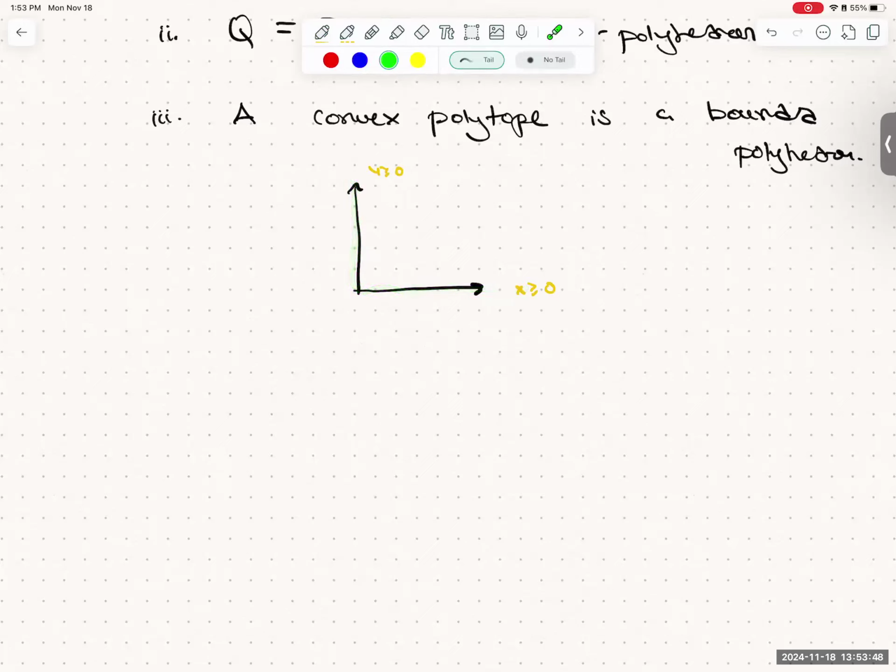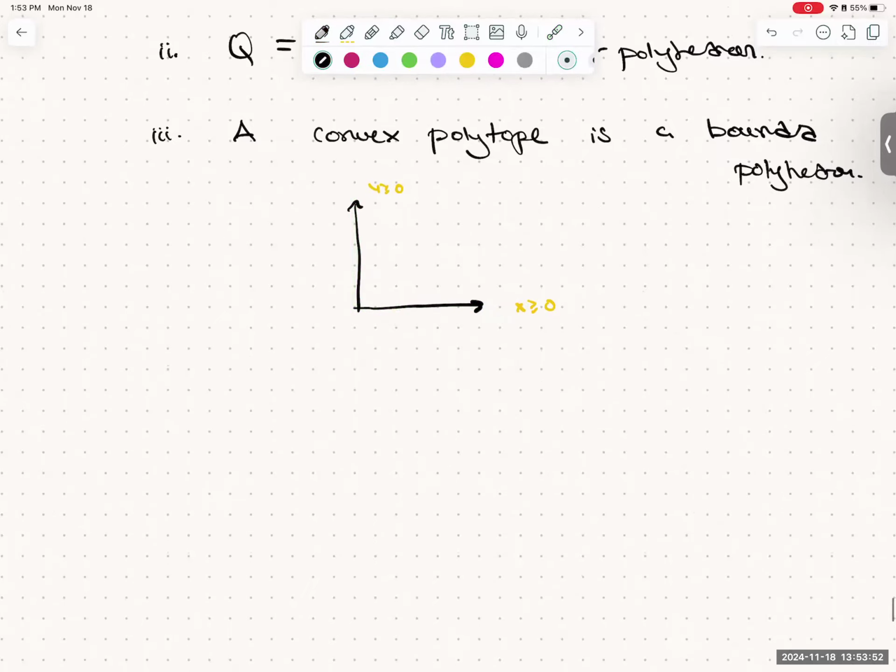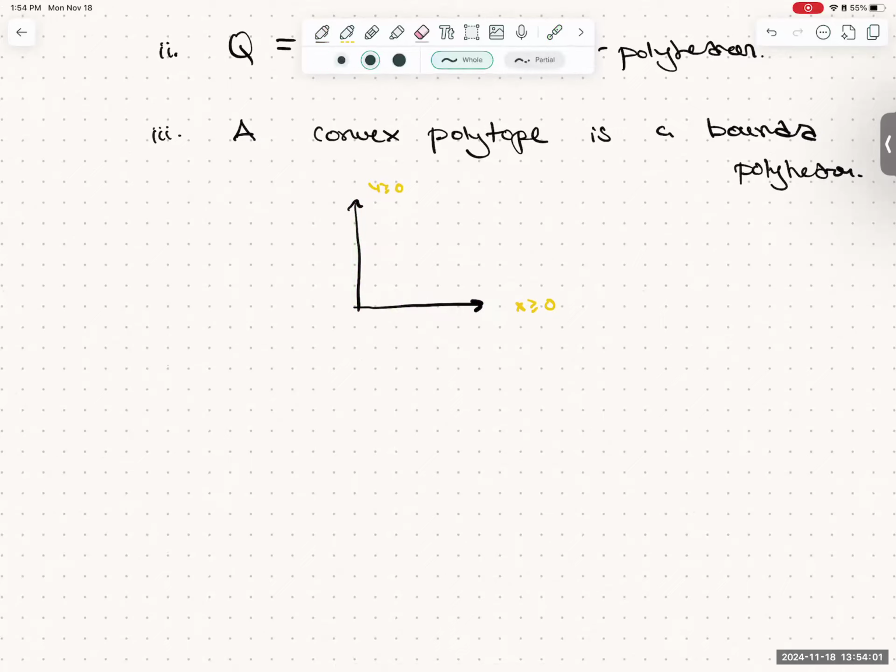It's just the positive quadrant. But this is not a polytope because I can always find a ray. And if I define something like this, for instance, this is bounded in the sense that there exists no ray that goes off to infinity, that it contains no such ray in it, therefore it's bounded. That's what we mean by that.